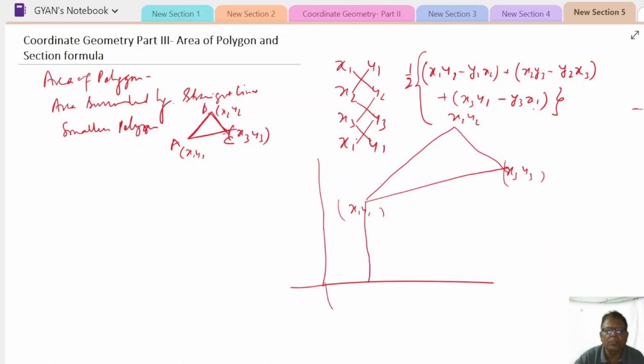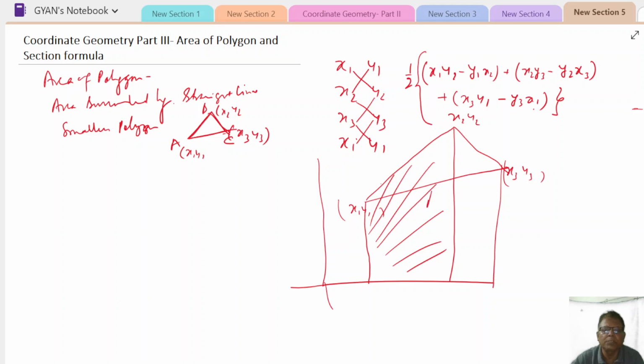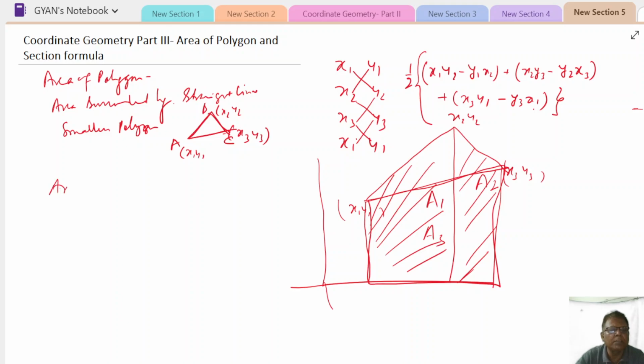So there are three trapeziums. The first trapezium is this one, suppose this is A1, the second trapezium is this one, A2, and the third trapezium is this one, A3.